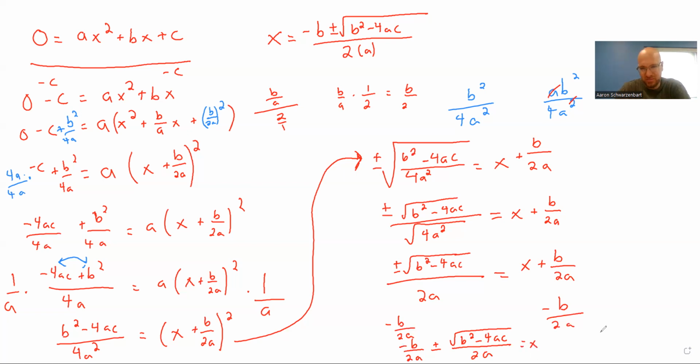Well, these being a common denominator, so both of these are over 2a, meaning I can put this together as a single fraction. And hey, that is my quadratic formula. Okay, I have another video showing you how to use the quadratic formula.